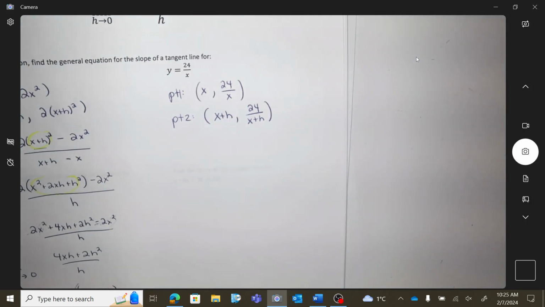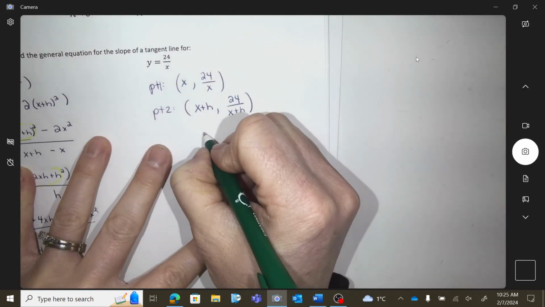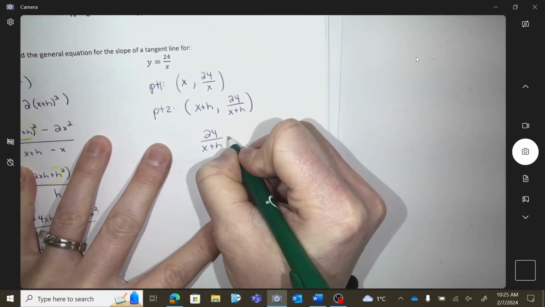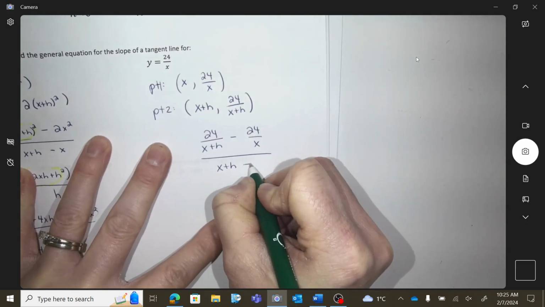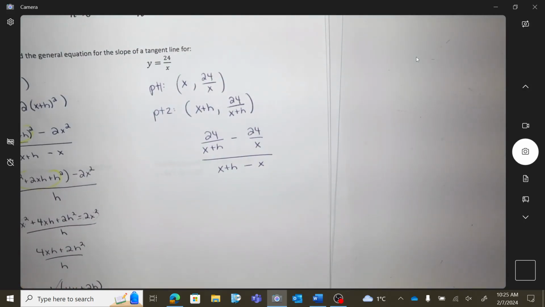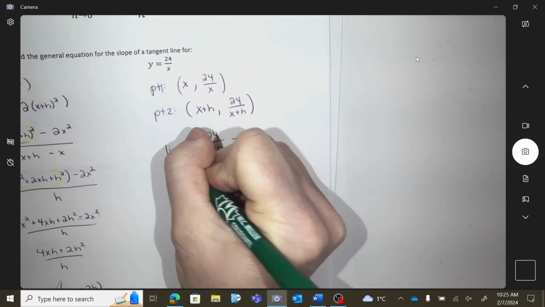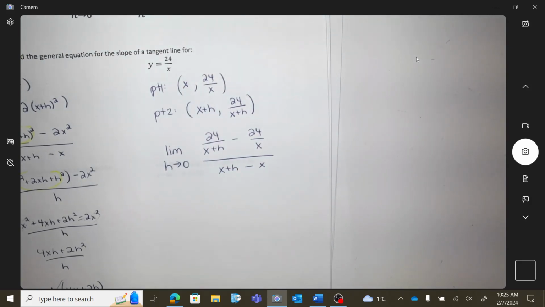H is always the little bit of space. Okay, so now we want the slope. So y2 minus y1 over x2 minus x1. And what's the point of the slope? We want to do the limit of this as that space between the points gets to be nothing. And once it's nothing, we have the actual slope exactly at a point.